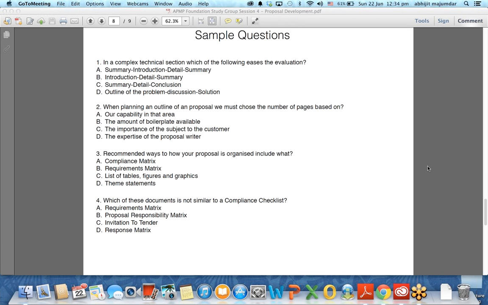But if the proposal has not said that, it all depends on whether you know who the people are who are going to read the executive summary.